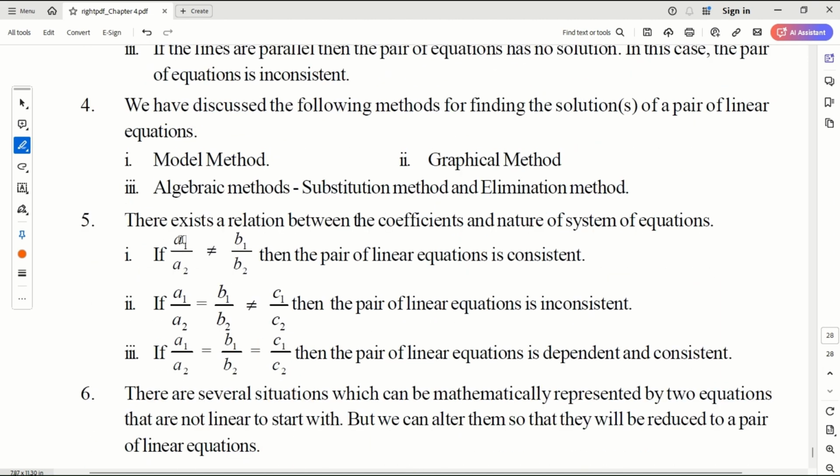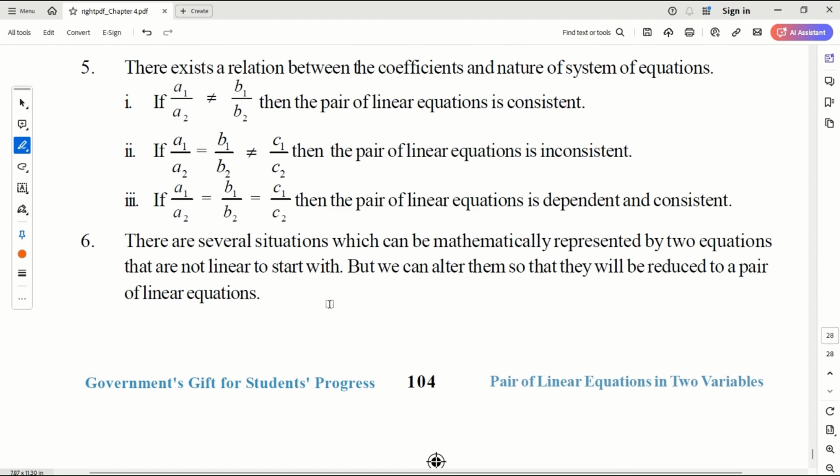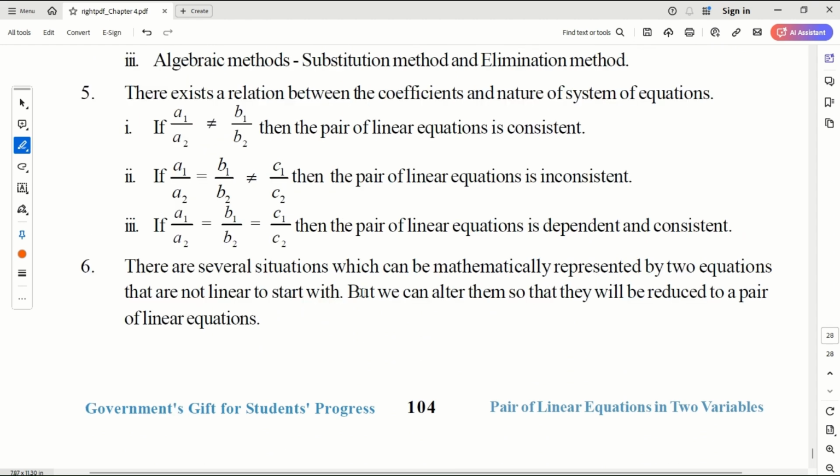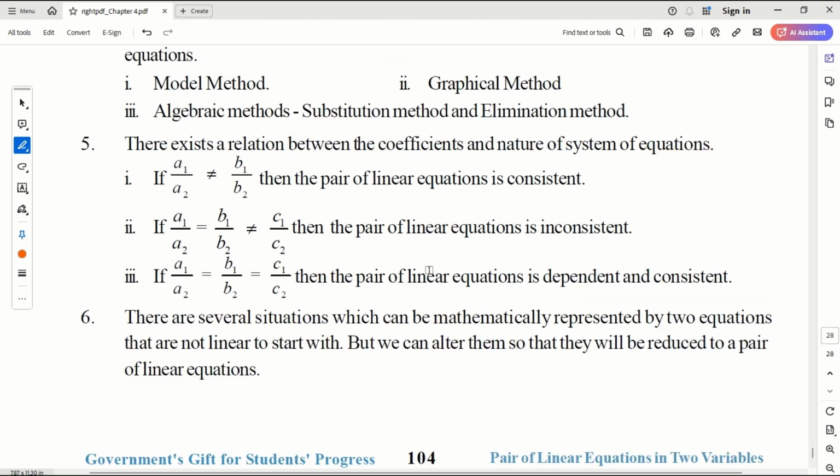Then we know the relation between their coefficients and the solution for the linear equations. And then there are several situations where we can represent them in two equations and then solve them as a pair of linear equations.